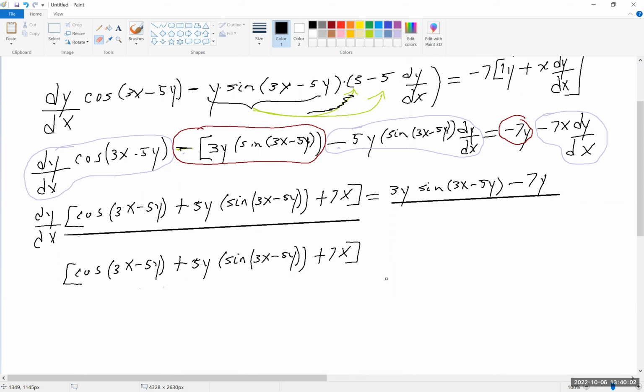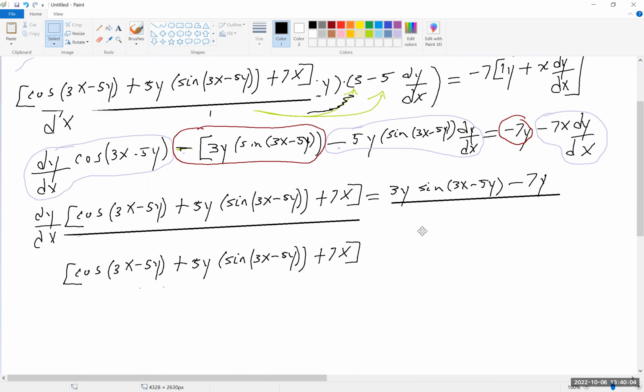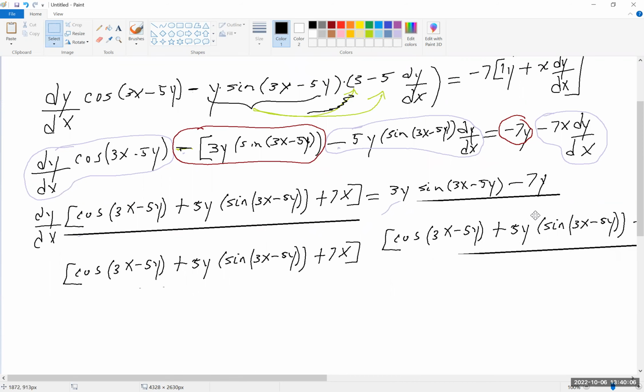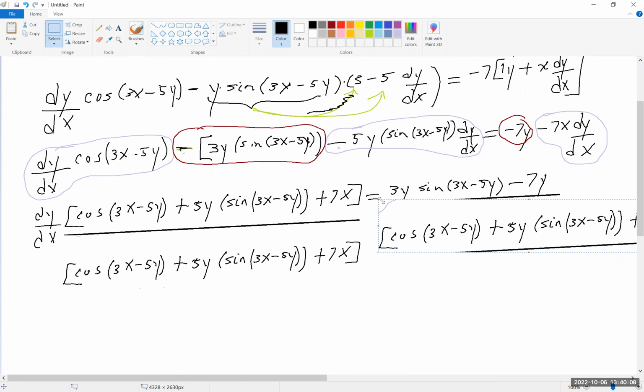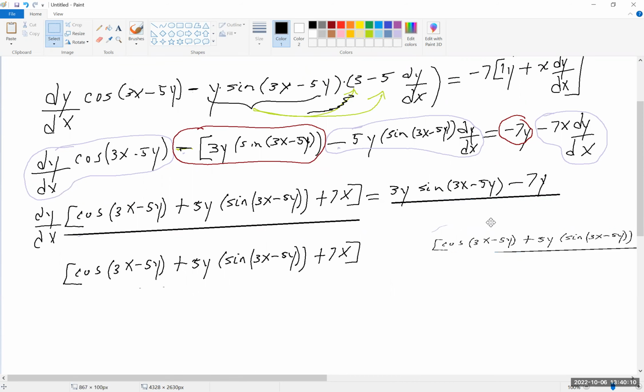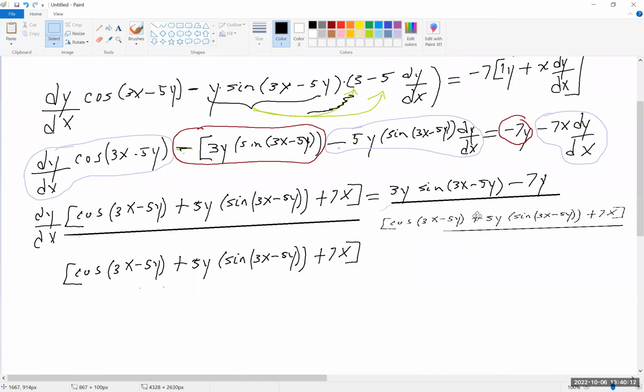But of course, I need another one over here, right? And I'm going to make it small. So hopefully you see where I'm going with this. Because that's pretty much the answer.